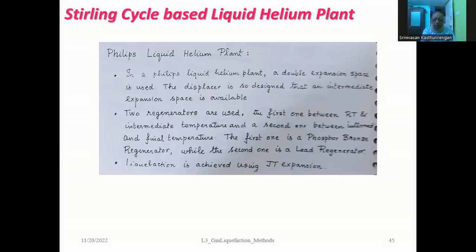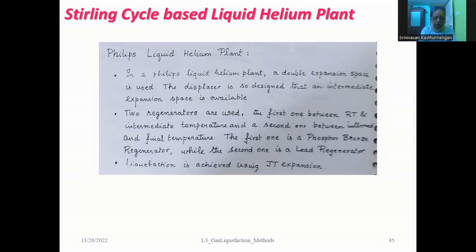And very, very compact heat exchangers have been built. The total system has been developed by Philips. The earlier unit model PLHE210, which represents the Philips liquid helium plant, has two expansion engine systems.